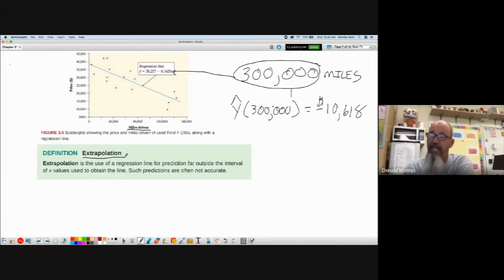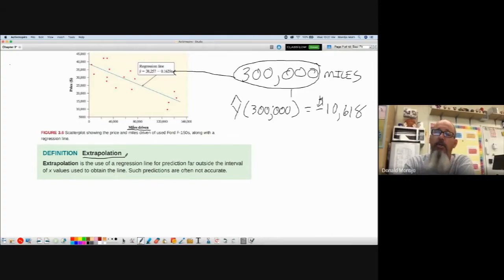If we try to predict too far beyond the scope of the data, it's called extrapolation. And oftentimes we're going to get nonsensical answers. It's not going to make any sense at all. We know that we would never pay somebody $10,000 to buy our truck.